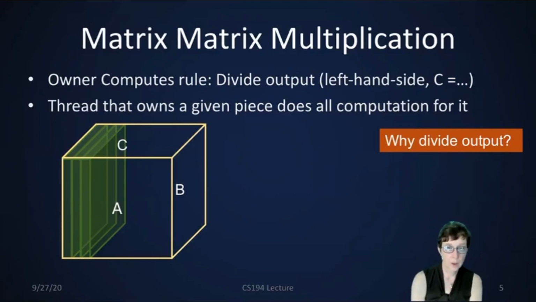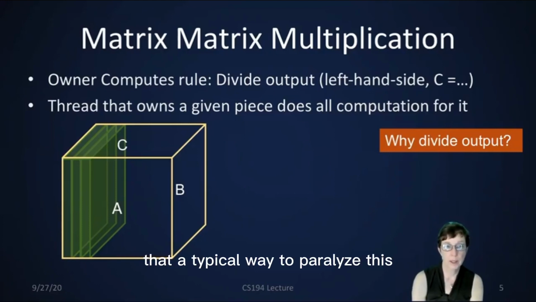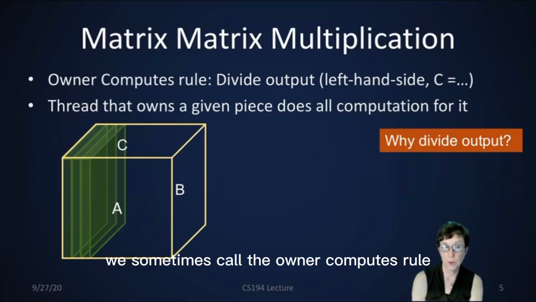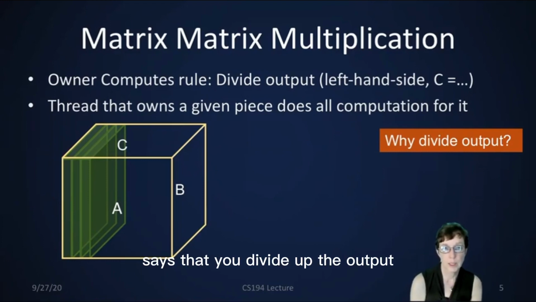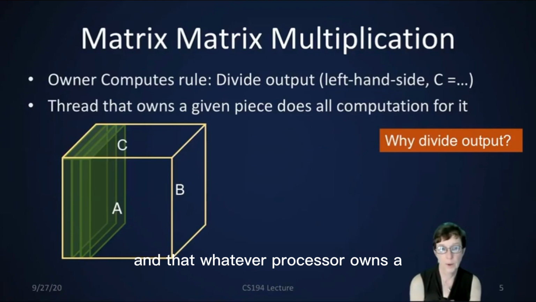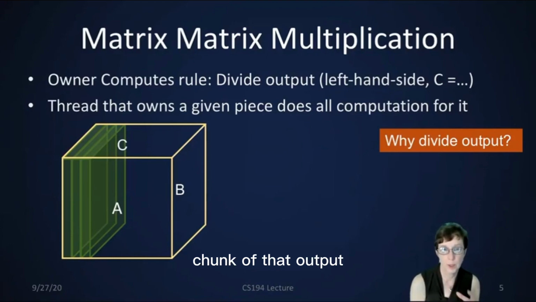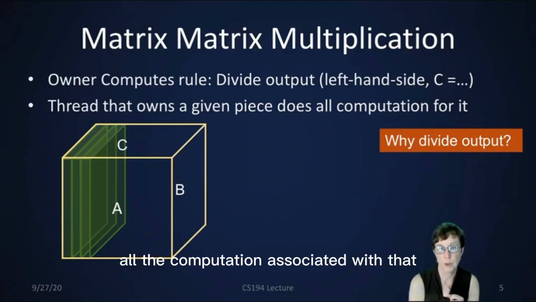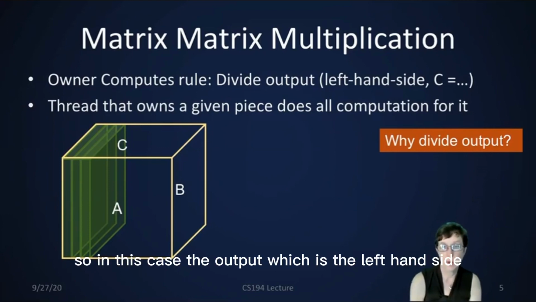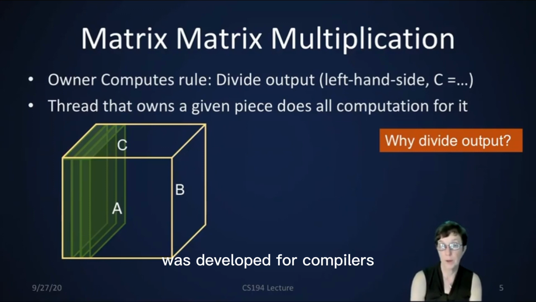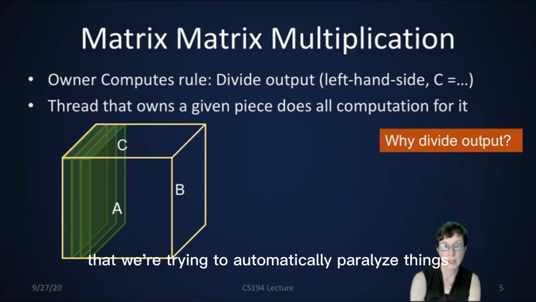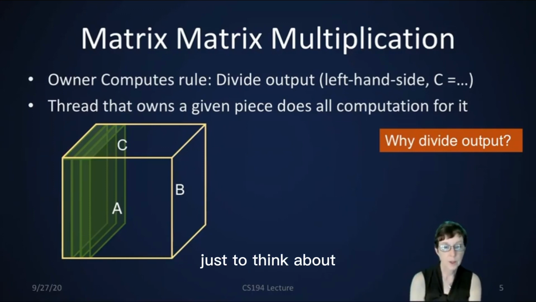So a typical way to parallelize this would be to use what we sometimes call the owner computes rule, sometimes called domain decomposition. The owner computes rule says that you divide up the output and that whatever processor owns a chunk of that output is responsible for all the computation associated with that. So in this case, the output, which is the left-hand side, so this rule was developed for compilers that were trying to automatically parallelize things, but is also a good rule of thumb just to think about.